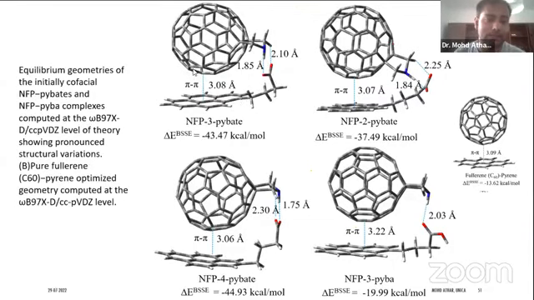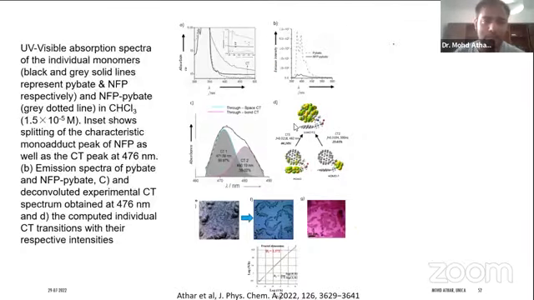This is a newer concept. This will make a very stable assembly, 43.47, which is a very stable complex. And because of that much bigger stability, this makes supramolecular arrangements, and that will lead to a fractal kind of assembly. We have simulated them in computational molecular dynamics simulations also.